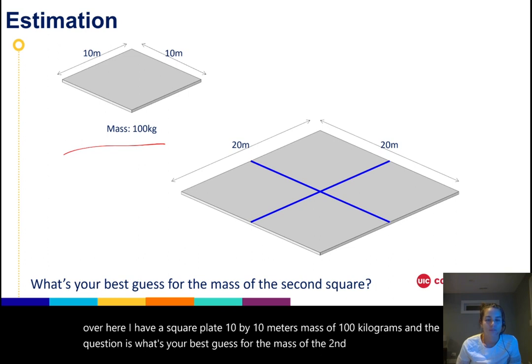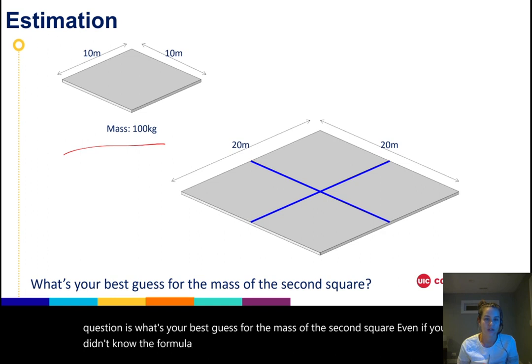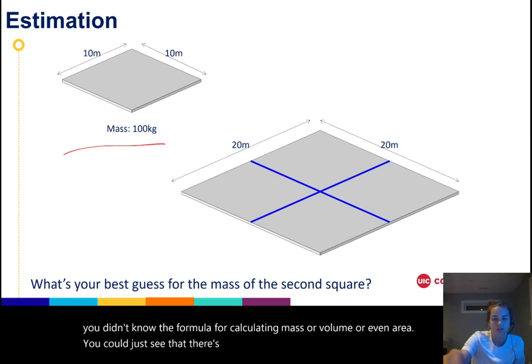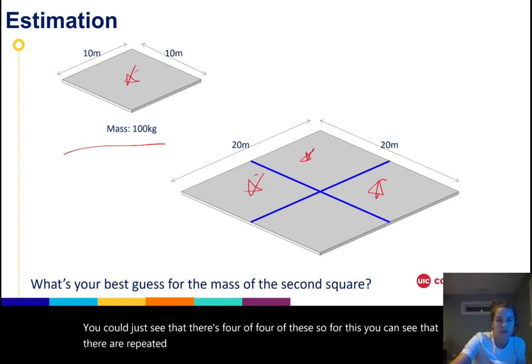Well, even if you didn't know the formula for calculating mass or volume or even area, you could just see that there's four of these. You can see that they're repeated 4 times in this bigger square.